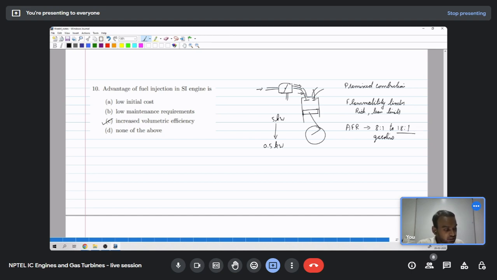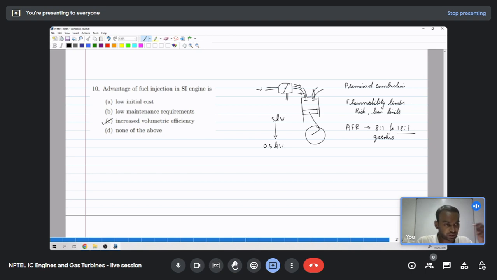If there is no throttle, then the air will be flowing the same in all the cycles, and if I reduce the fuel alone, then I will have a limit of 18:1, beyond which I cannot reduce the fuel and have a stable combustion. So what I have to do is reduce the air also in proportion to the fuel to have a stable combustion.